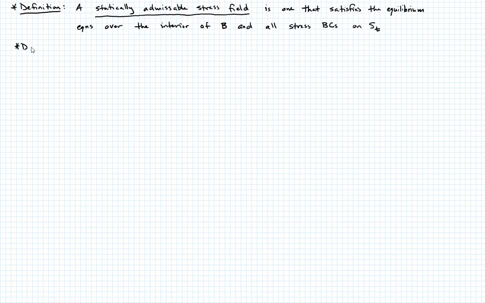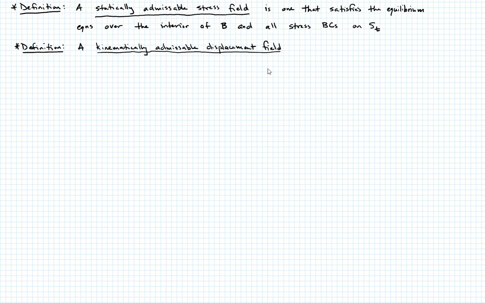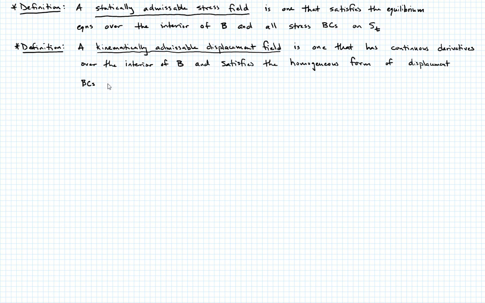A kinematically admissible displacement field is one that has continuous derivatives in the interior of B. Those continuous derivatives are whatever order they need to be to satisfy those equations of equilibrium. It also needs to satisfy the homogeneous form of the displacement boundary conditions on the displacement surface, S sub U.